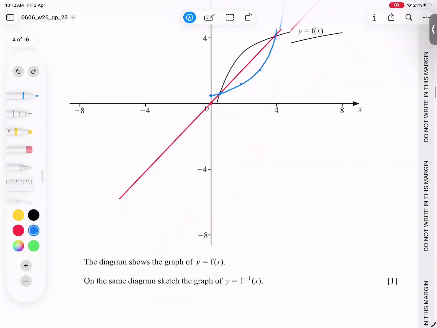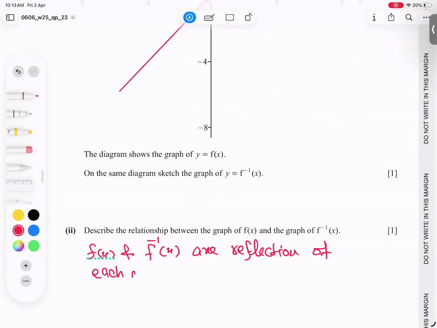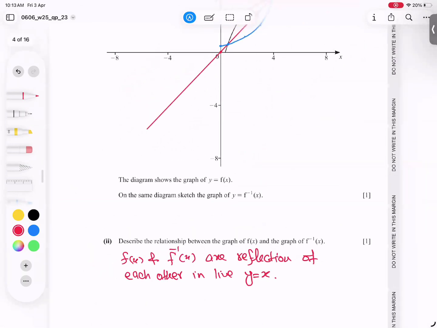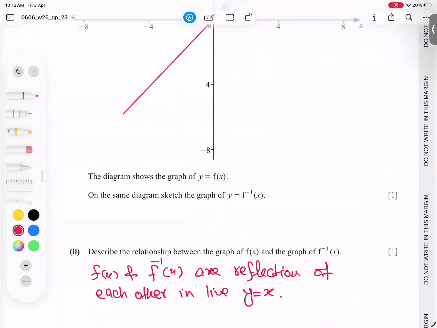And what is the relationship? f of x and f inverse of x are a reflection of each other in the line y is equal to x. I hope the point is very clear, and this part of the question is clear. A part is done. Let's go for B part.